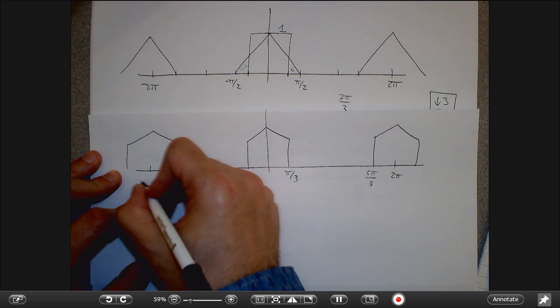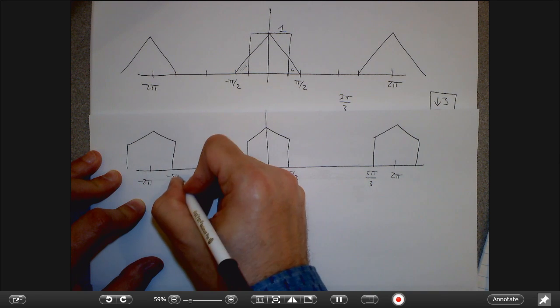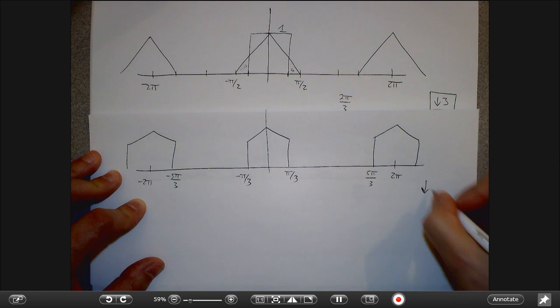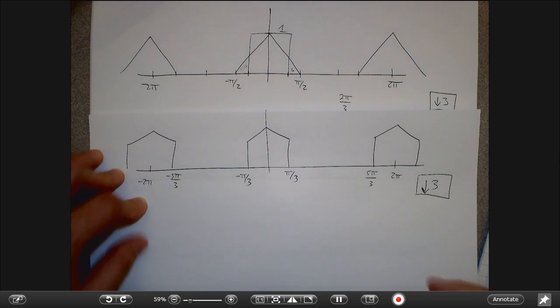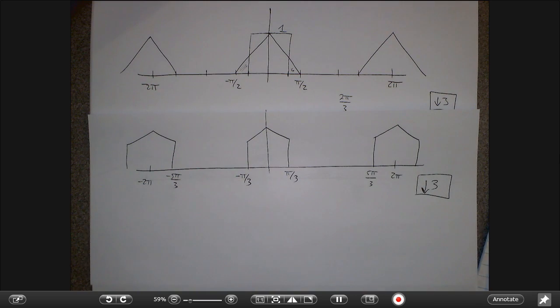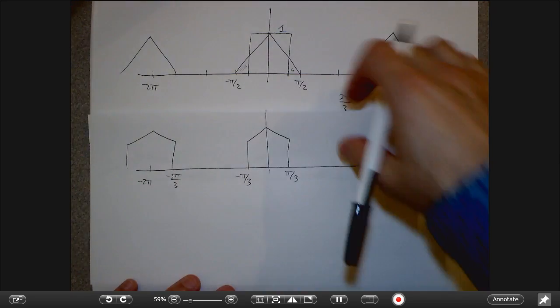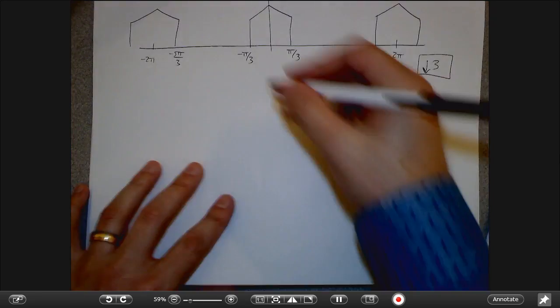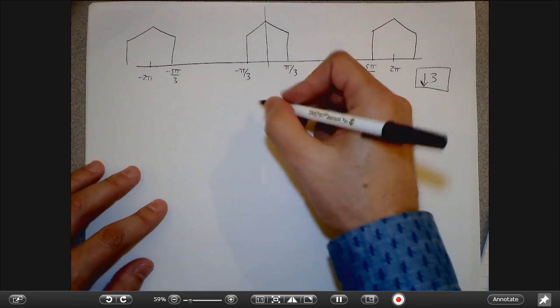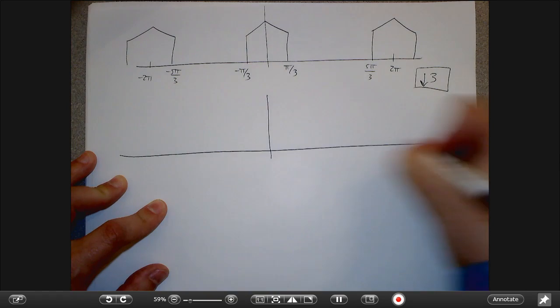This is going to be negative 5 pi over 3. And then when I downsample this signal by a factor of 3, I'm going to get these copies spreading out. But the way I did this, the copies are not going to overlap, right? So the downsampled version is going to spread these guys out, but there won't be any actual aliasing.